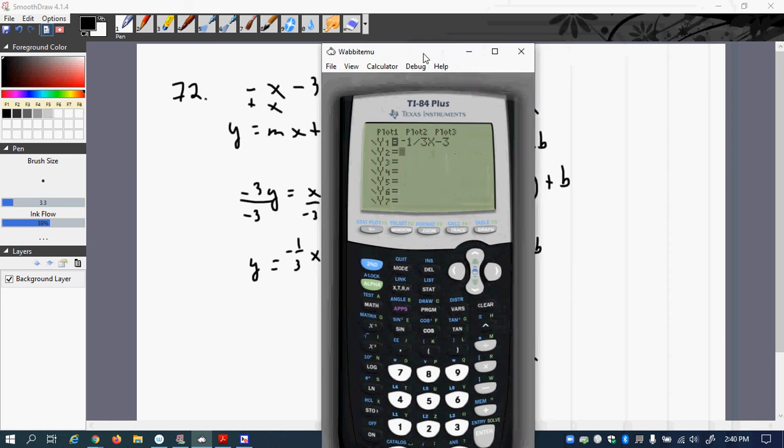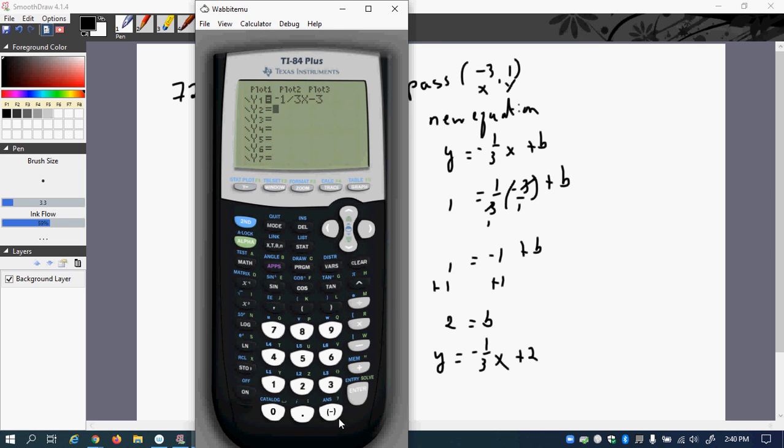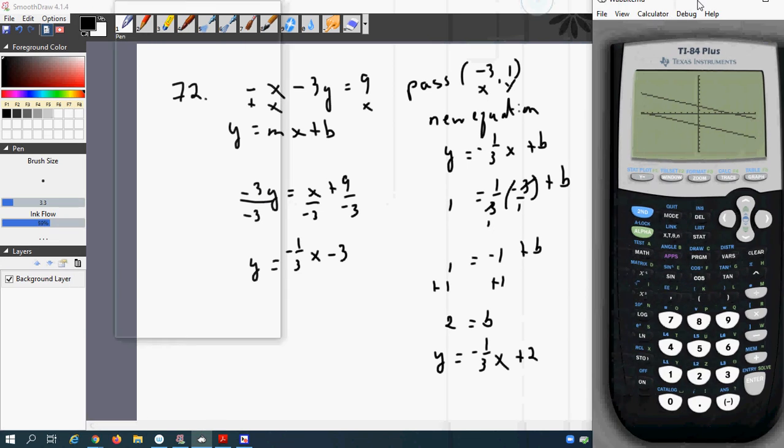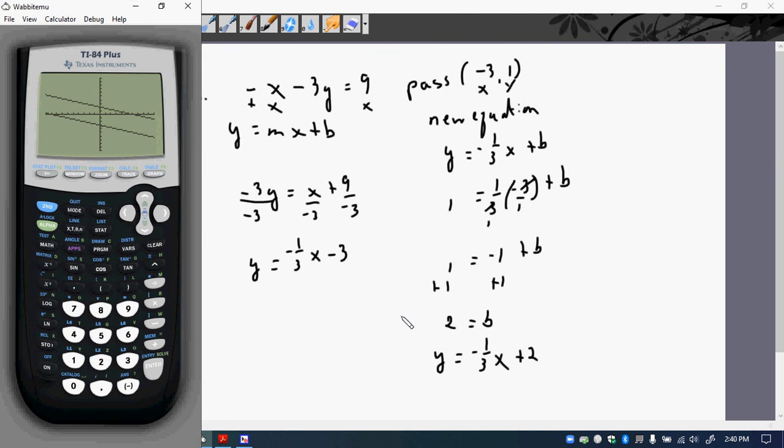Negative 1 divided by 3 x plus 2. And then when I hit graph, there's the first one that they gave me, and here's the second one. You can see they're both parallel lines. So I did come up with the correct equation to make that work. And so this is kind of how you do this to come up with another parallel line.